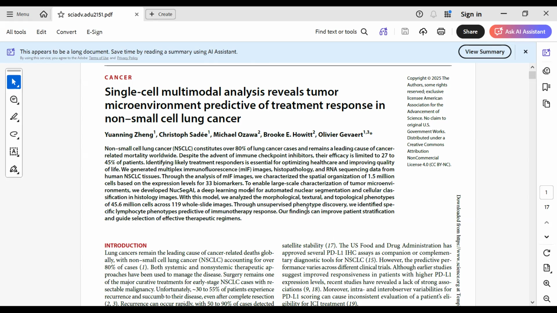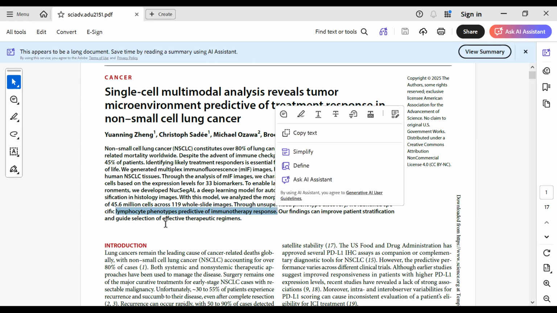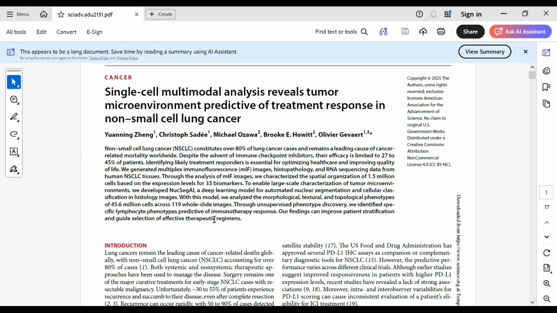And through unsupervised phenotype discovery, they have finally identified specific lymphocyte phenotypes predictive of immunotherapy response. So they have found that this lymphocyte phenotype is highly enriched in immunotherapy response, and that can be used as an identification specific to the immunotherapy response. And their finding has the capacity to improve patient stratification and can guide selection of effective therapeutic regimens.